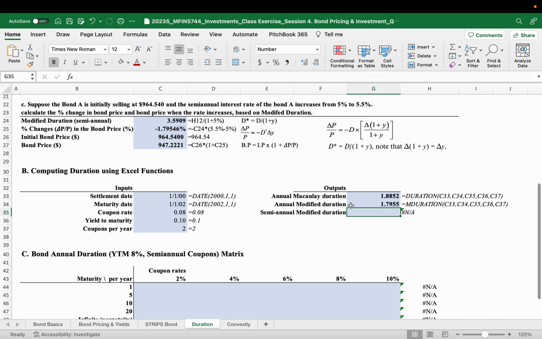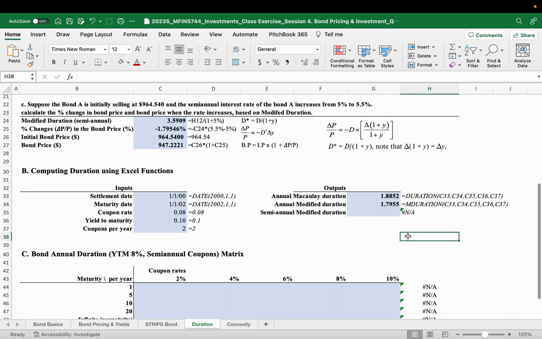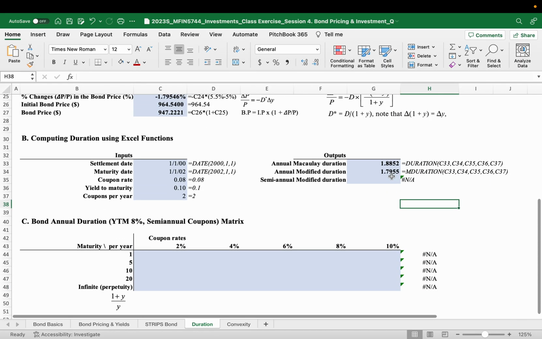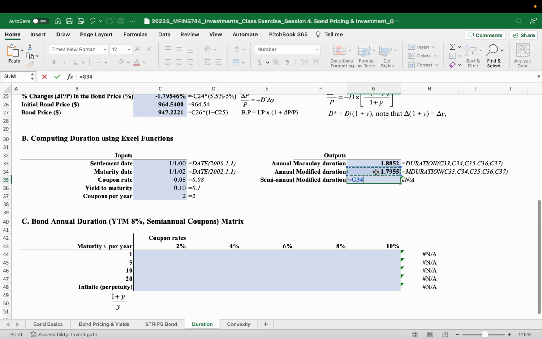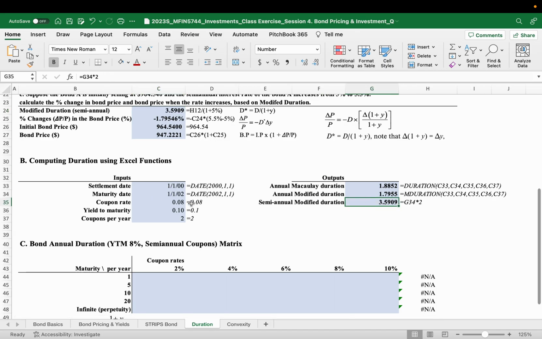And oops, where did it go wrong? Okay. Oh, yeah, that's correct. We got this. Not yet. For semi-annual cases, we need to multiply. So we got this, the same modified durations.